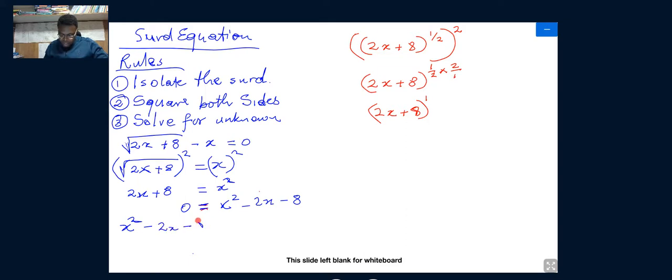Otherwise you could have taken x and you'd have negative x on the left hand side, and you take a common factor of -1, then you'll get it in this form. And then here you are going to factorize. You know, I'm not going to do it. I'm tired of factorizing.